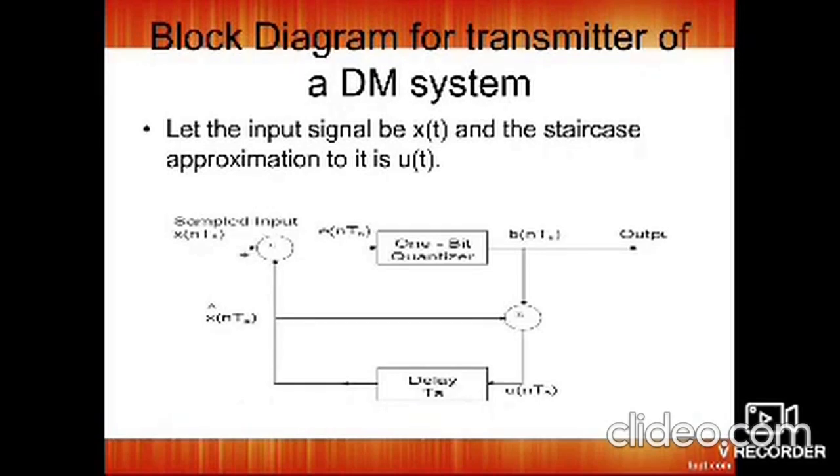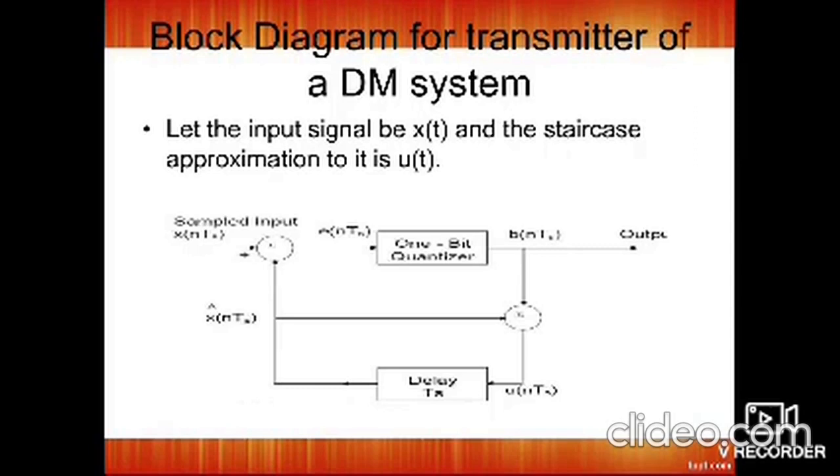So we have the basic block diagram of the delta modulator. For the delta modulated signal as the output, we give the sampled input signal x of nTs as one input of a summer, and the other input of the summer is x cap of nTs, the approximated value.